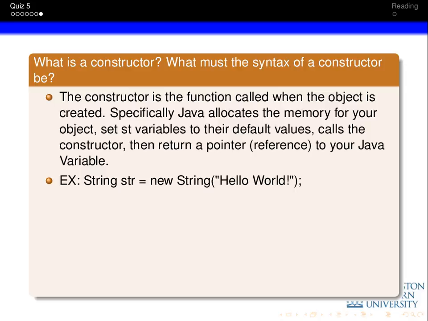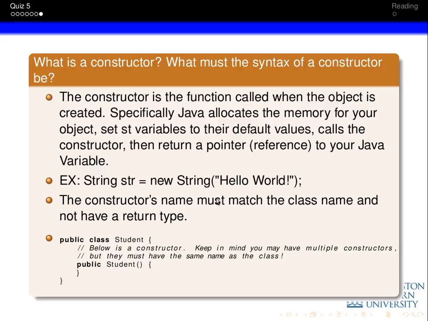It would first allocate the memory for hello world as a string object, set all the variables to null initially, call the string constructor passing in hello world, which copies hello world into the object, and then finally return a pointer to the string so that it could be stored in str. That's what's happening technically, but for this course you can just think of it as the function called when your object is created.